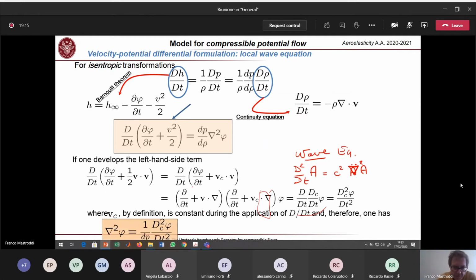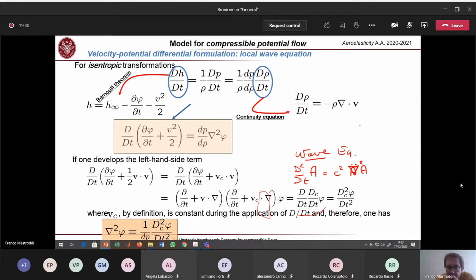However, if you see this operator, you can rewrite this operator in this form. The square of the modulus is v dot v, and so this left hand side can be written like the application of a constant velocity dot v.